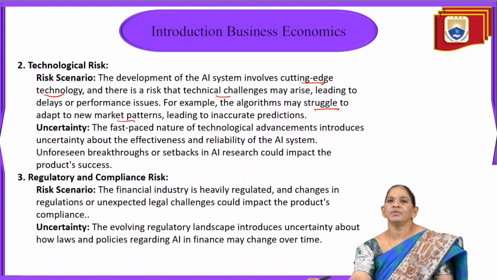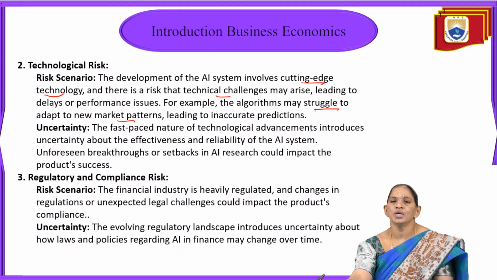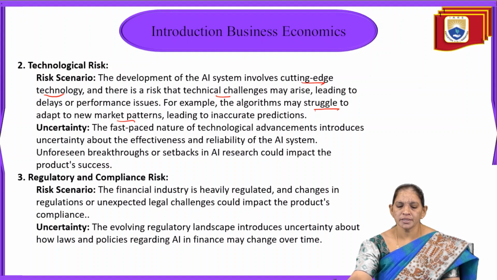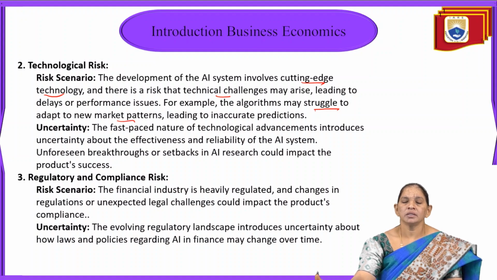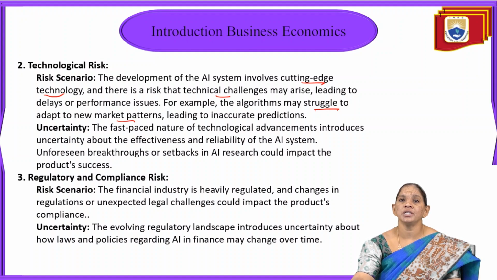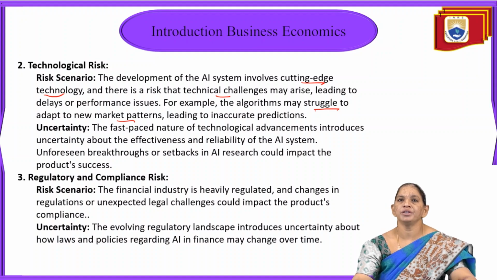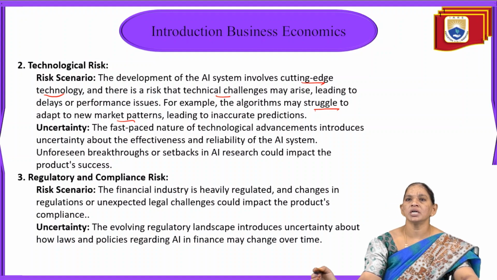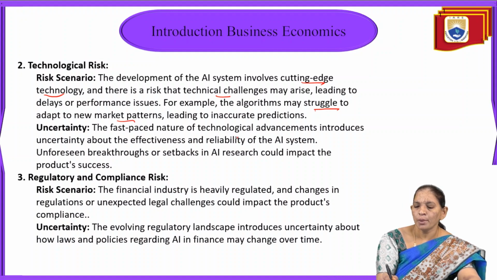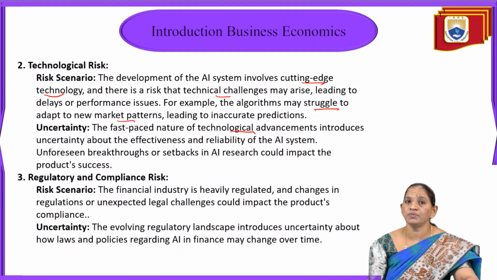We can say that when you take an algorithm, it may struggle with adopting market patterns and market issues, which may lead to inaccurate predictions. Uncertainty, next, is the fast pace of technological change, where the development of technological advances makes prediction very difficult.